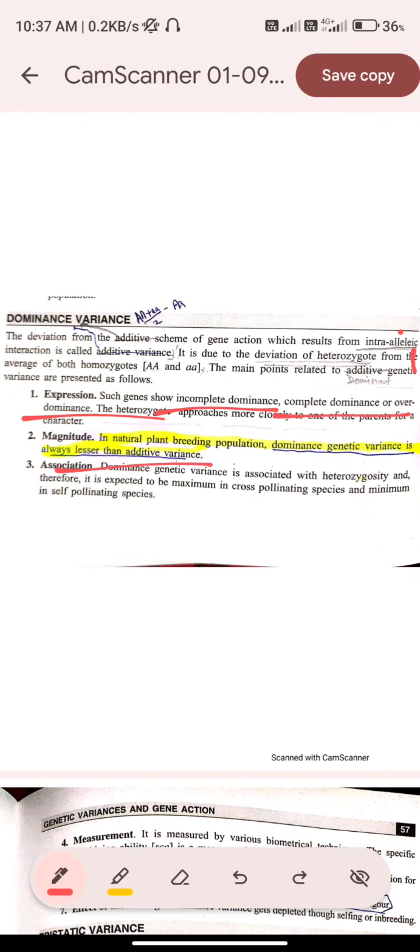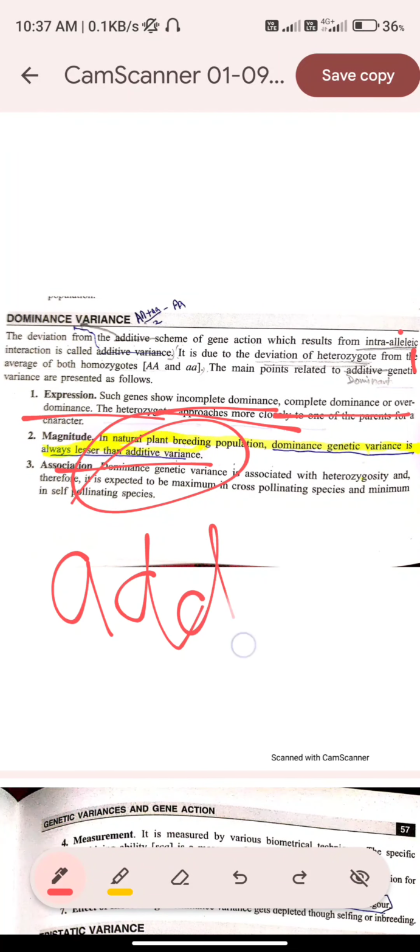We have seen in the last video that additive genetic variance is predominant in natural breeding population. So if the question is which variance is predominant in natural breeding population, it will always be additive variance. The magnitude of additive variance will always be greater.